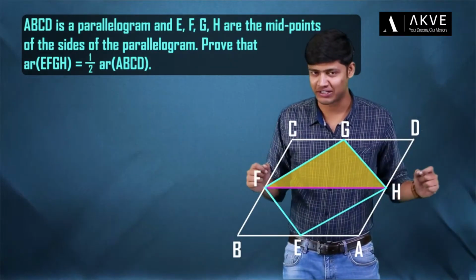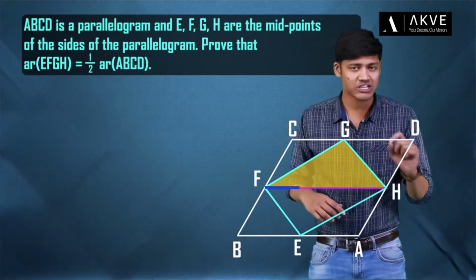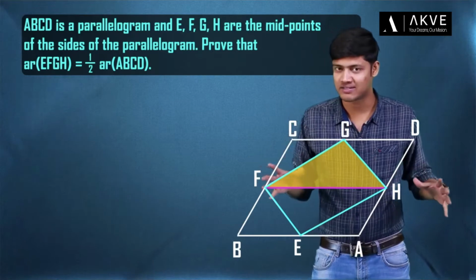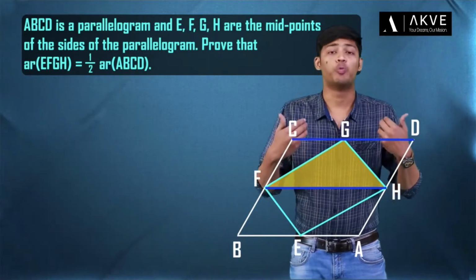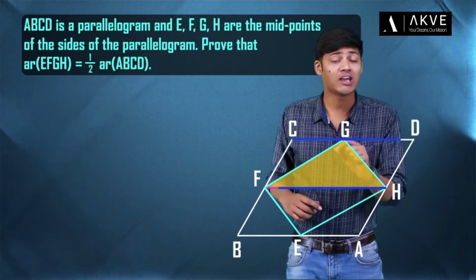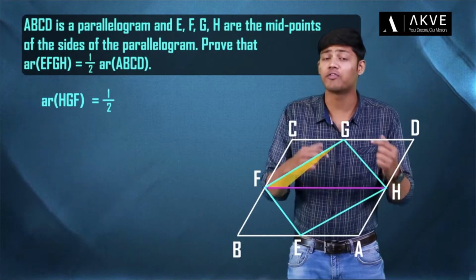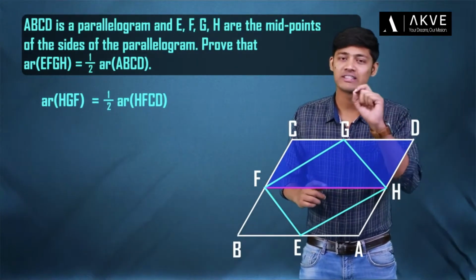Now consider the parallelogram HFCD and the triangle HGF. We can clearly see that both of them are on the same base, that is HF, and they are between the same parallels HF and CD. So we can conclude that the area of the triangle HGF is half of the area of the parallelogram HFCD.